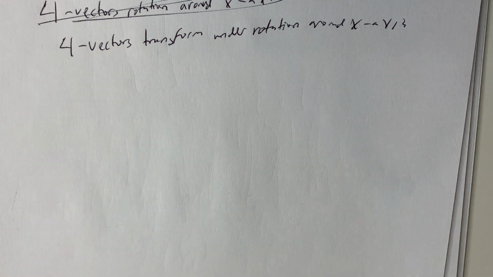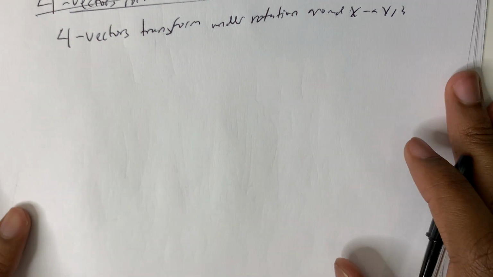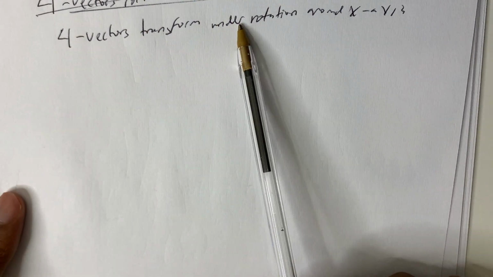And you can just look up what the Lorentz matrix is. It's pretty analogous. That's where I really like tensor calculus. It connects very directly to special relativity and general relativity. But no more, let's actually continue. So let's talk about how 4 vectors transform under rotations around the x-axis.